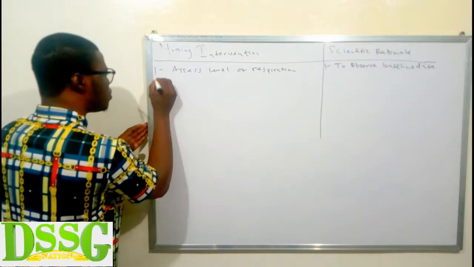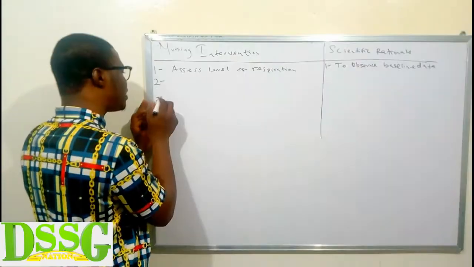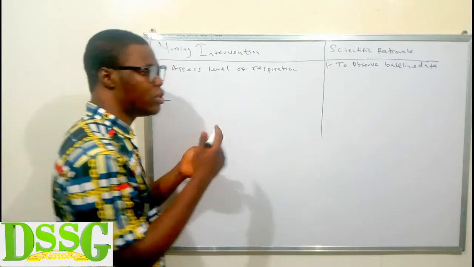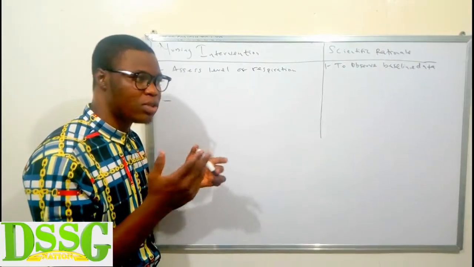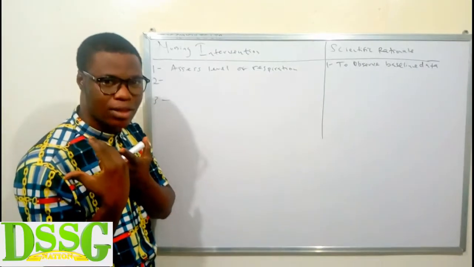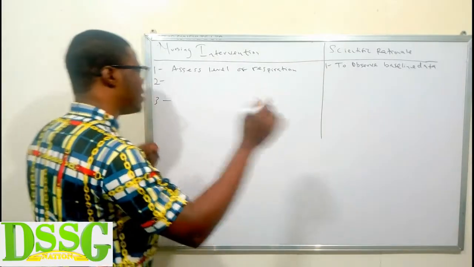Now the 2 is the action that you can do to increase a person's respiration. So after surgery, we used to perform a post-operative bed, and then we tilt the patient's head to one side, just on a flannel. So to do what? To prevent aspiration. So that is an intervention.